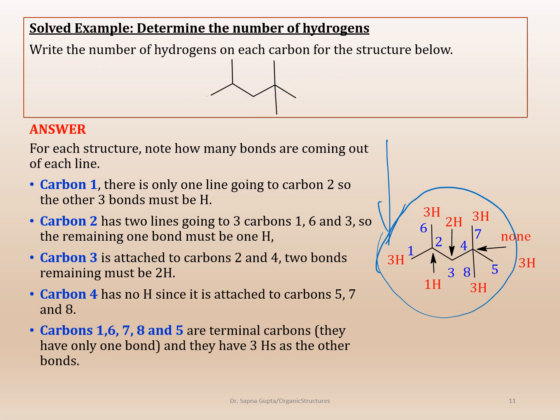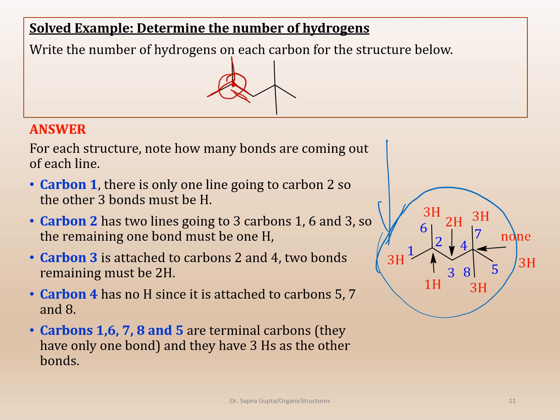I want you to be able to do this fast because there is no point thinking about this for a long time, because carbon only has 4 bonds. How much more would you want to put on there? Now let me just do one quick thing here before I move on. Let's say there was a double bond here. If there is a double bond, it means this carbon has 1, 2, 3, 4 bonds.